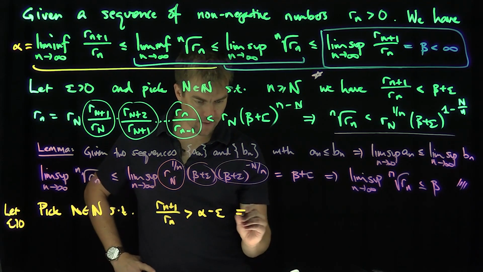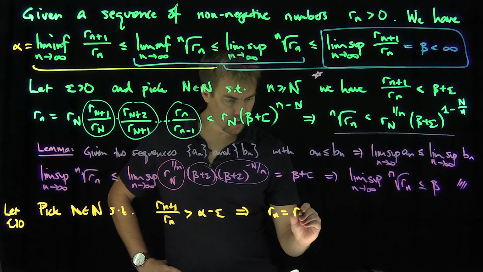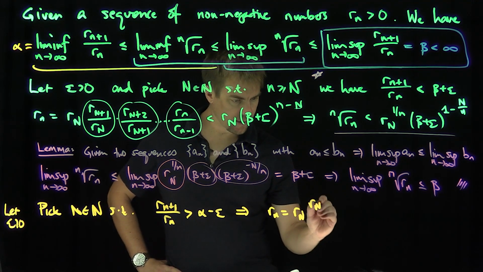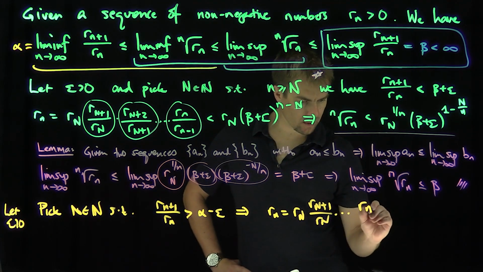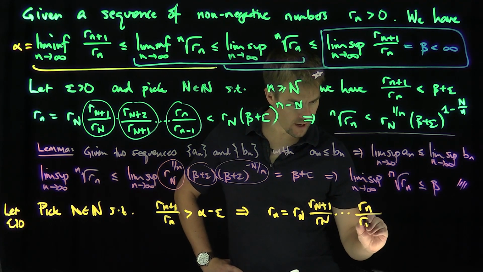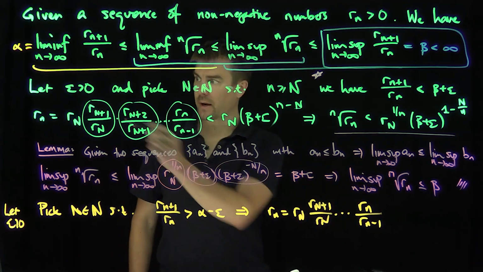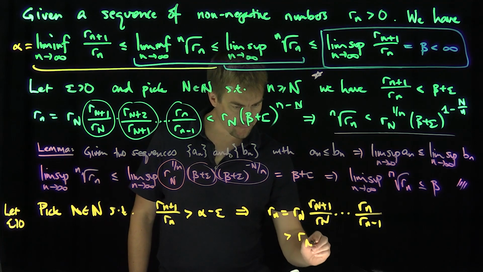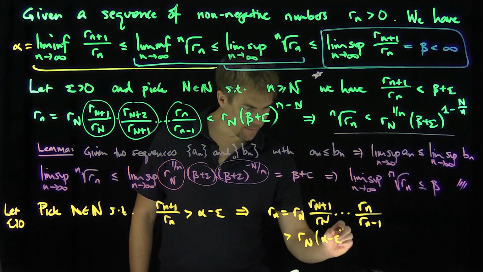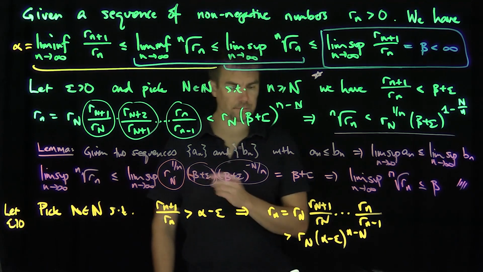Now we can do the same trick, right? So now we can say that R_n is R_N capital, and then R_{N+1} over R_N times all the way down to R_n over R_{n-1}, by the same exact factorization. And now each of these terms over here by assumption is bigger than alpha minus epsilon. So this is bigger than R_N, and then alpha minus epsilon to the power n minus N capital.